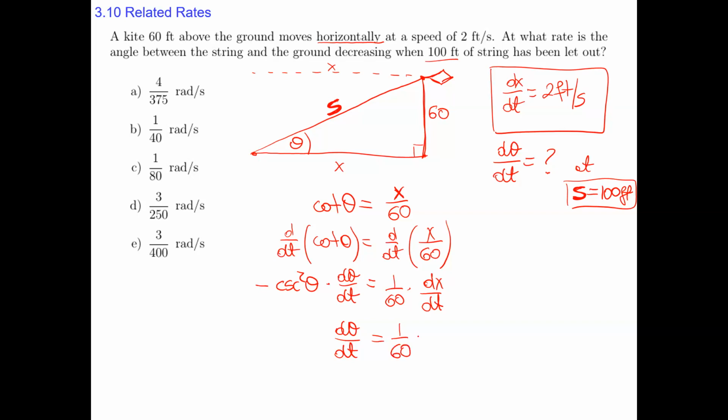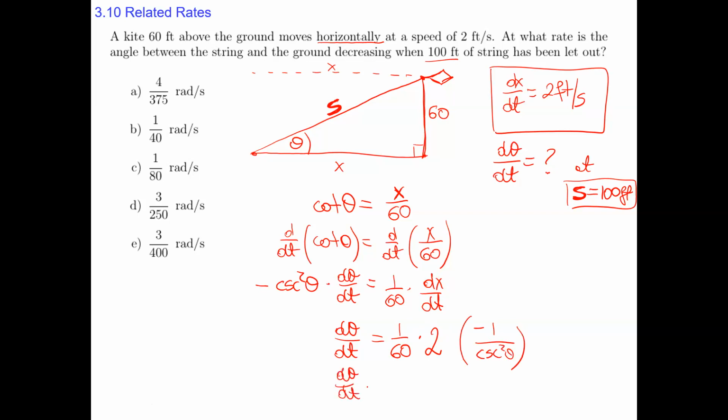Now I can substitute dx dt is 2, and we will divide both sides by negative cosecant square theta.